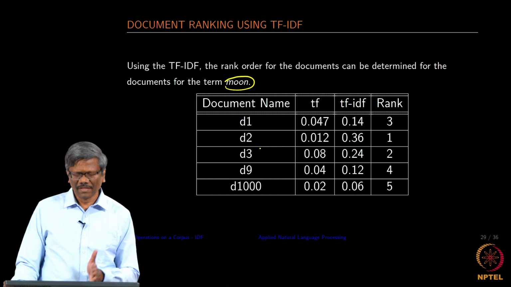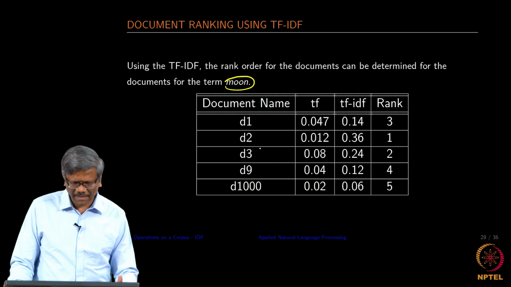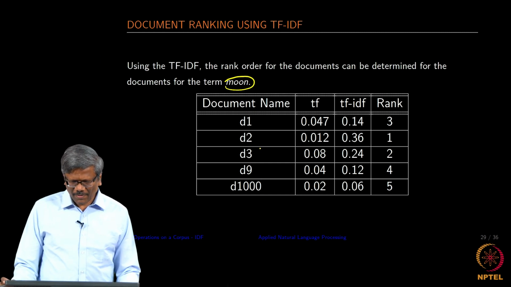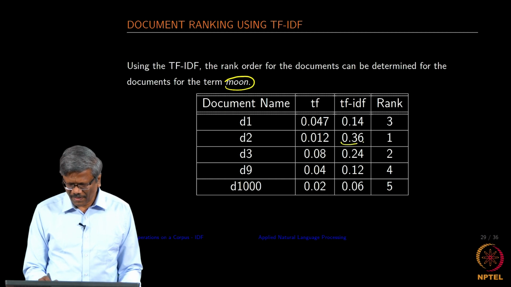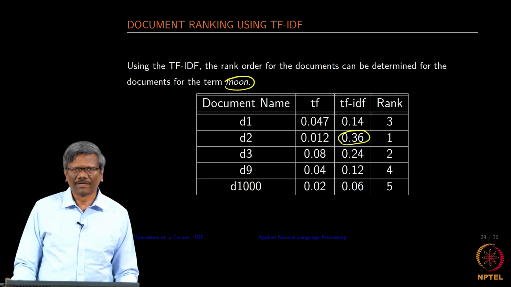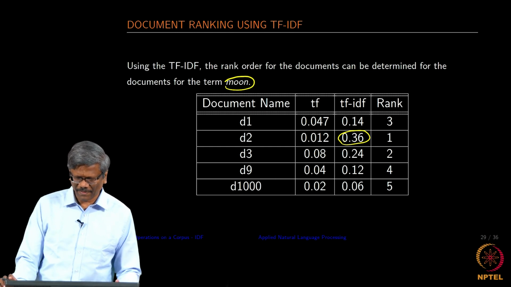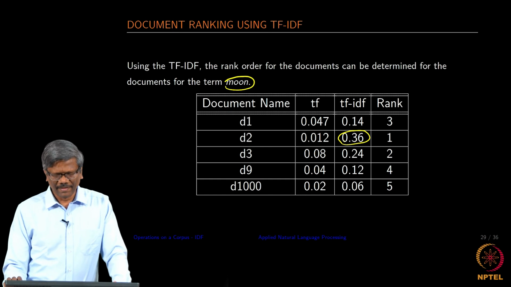So, if you consider these 5 documents, the ranking would be like this. The one with the highest ranking will be termed as rank 1. The ranking would be ordered with respect to the TF-IDF in descending order.